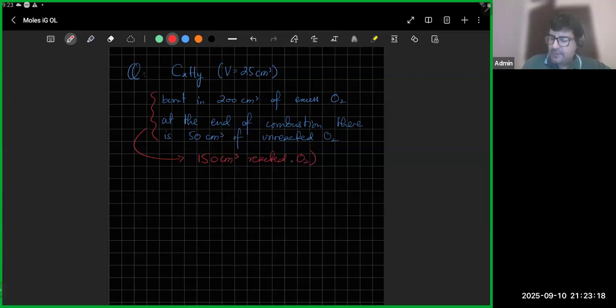Okay, so we figured out that 150 cm cube of oxygen is actually taking part in the reaction. And then he talks about carbon dioxide. What is the amount of carbon dioxide that is produced? He says that the amount of carbon dioxide produced is 100 cm cube.